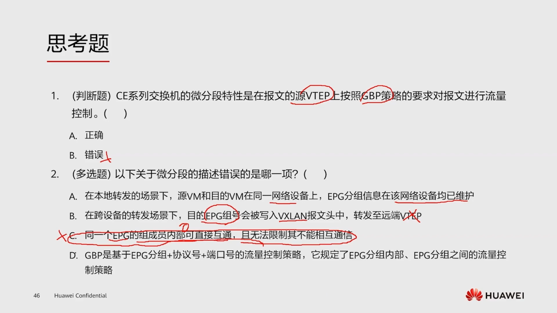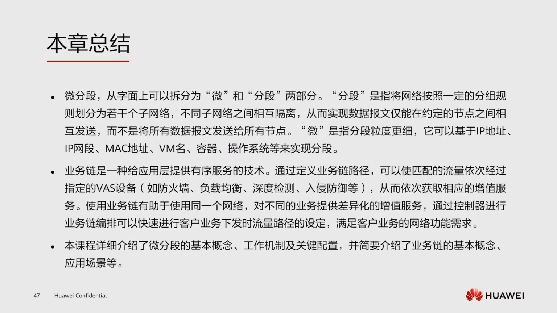So that's wrong. Next, let's look at the statement that members within the same EPG group can directly communicate with each other, and there's no way to restrict that, they cannot communicate with each other. So it depends on the default behavior. Right, if you go with the default behavior, actually it's not to say that everything defaults to this. Firstly, look at the device model. Secondly, it's wrong to say it can't be limited.